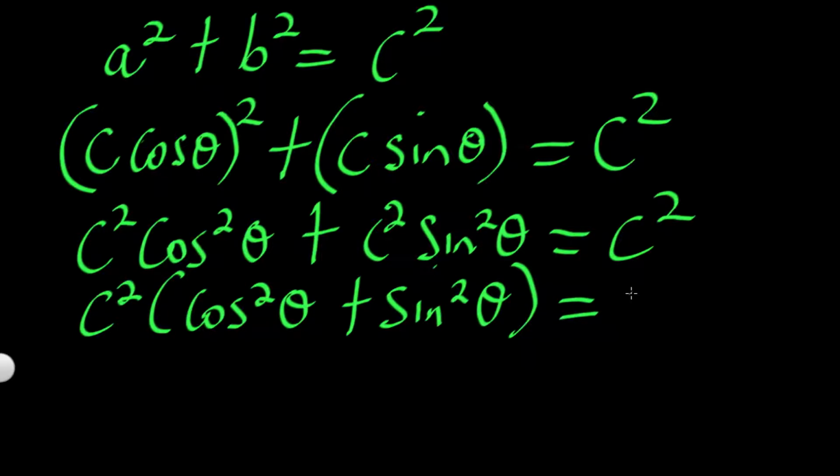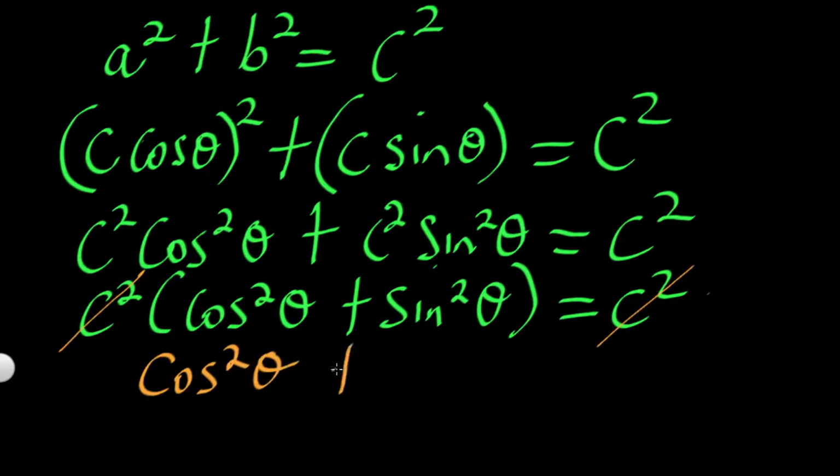This is equal to C squared. Using the rules of algebra, I can cancel out C squared. If I cancel that out, I am left with cos squared theta plus sine squared theta being equal to 1.